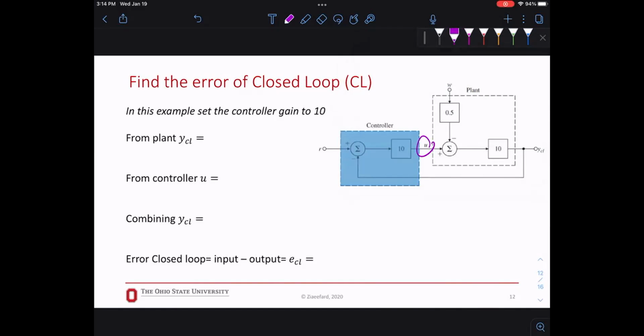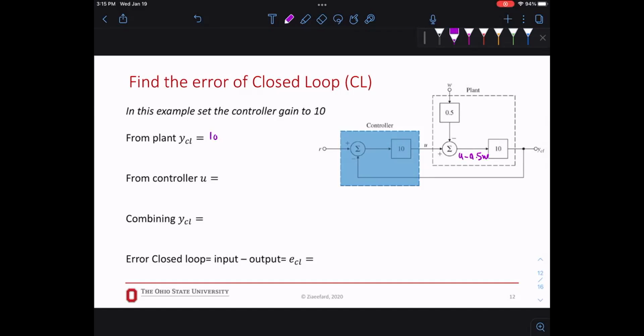Now from the plant, your YCL, you can write, so one way to do this, at the end, we want to find the error, which is input minus output. So here you're getting omega or W, what was W? Environment. The process noise, noise from the environment. So 0.5 W minus U, so you have U minus 0.5 W times 10 is your YCL.